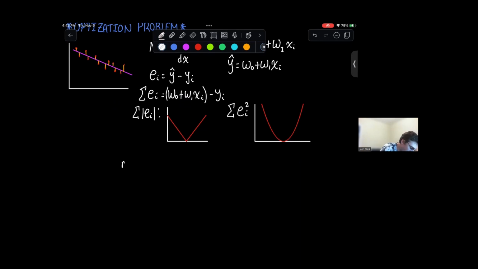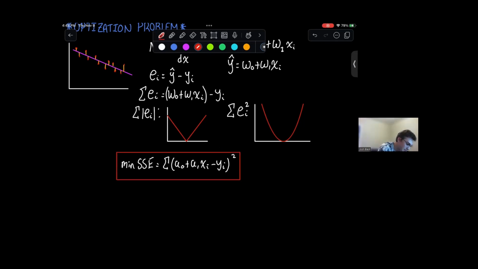So we have to minimize what we call our SSE, sum of squared errors. That's equal to the sum of (W0 plus W1 x_i minus y_i) all squared.